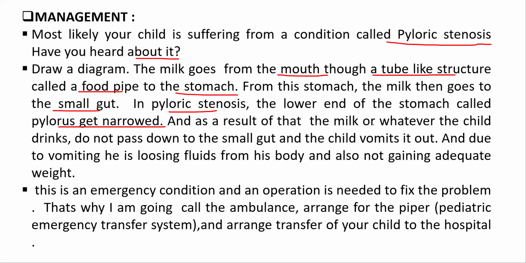Because of that, milk or whatever your child has cannot pass down to the small gut, and the child vomits it out. Due to the vomiting, he gets hungry immediately after feeding. And most importantly, he's not able to get enough nutrition to gain body weight. That's why he's losing weight and losing fluid from his body.